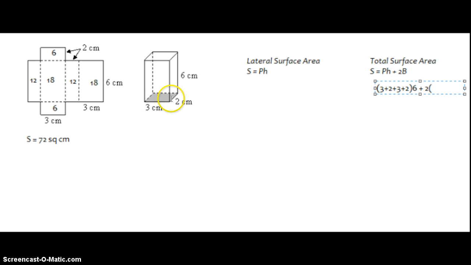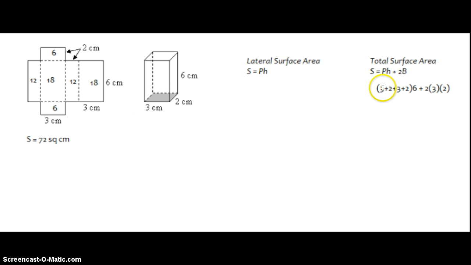Well, the base is 3 by 2, so that's 3 times 2. So, again, what we did is we took the perimeter of the base, 3, 2, 3, and 2. We added it all together. We multiply that by the height of the prism, which is 6. And then we have to add in the area of the bases.